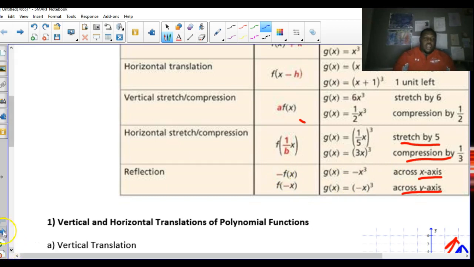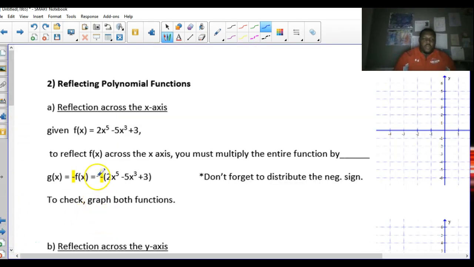We did that right here. Put a negative out front, and there's your whole equation. Now, if you do distribute it, you'll have negative 2x to the 5th plus 5x cubed minus 3.